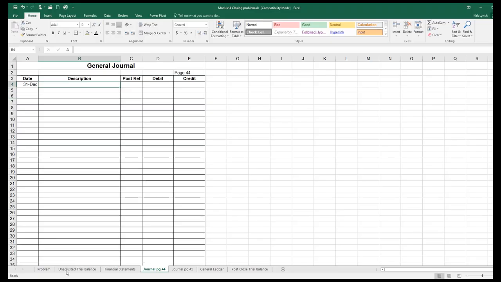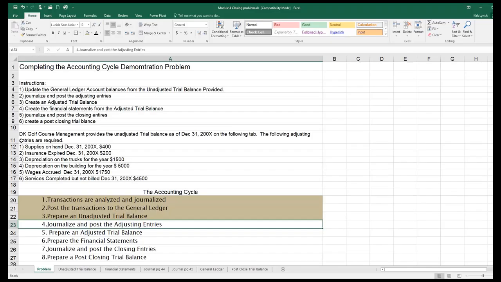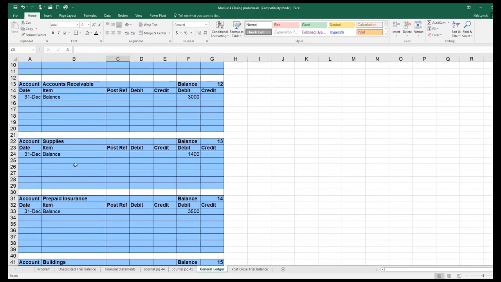The first adjusting entry says that our supplies on hand at the end of the year are $400. If we look at our supplies account in our general ledger, we see that it shows a $1,400 balance. So our goal is to make this balance now $400. That math is pretty simple. We need to adjust $1,000 of our supplies in order to get that balance to be $400.